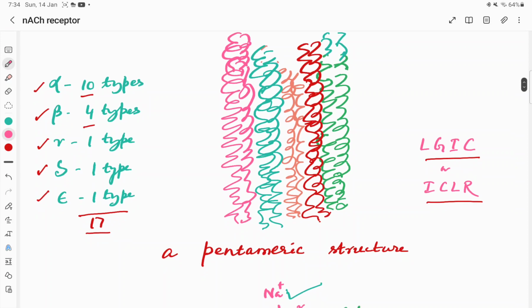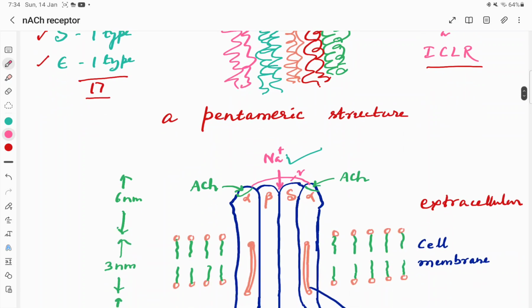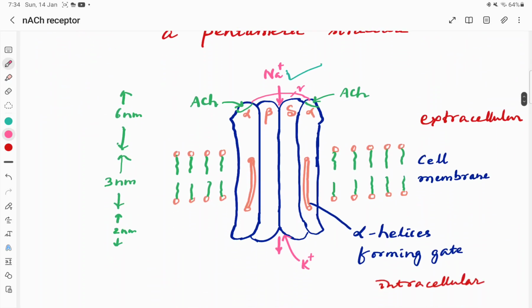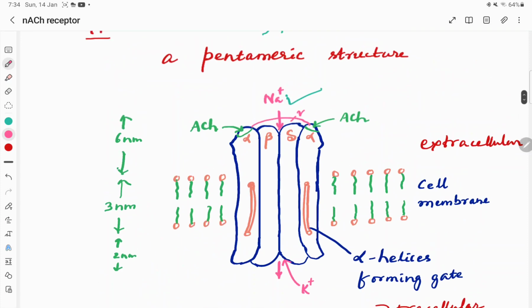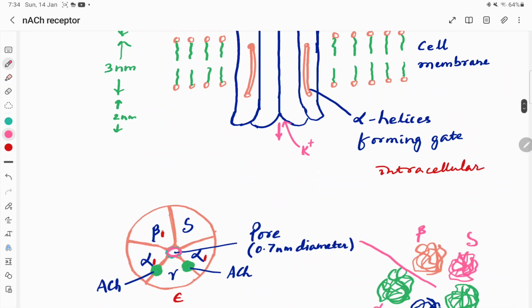So this nicotinic acetylcholine receptor is a ligand gated ion channel or ion channel linked receptor. That means this receptor is linked to one ion channel. So you can see here the ion channel, the pore is there, and it is a pentameric structure. So 5 subunits are there.